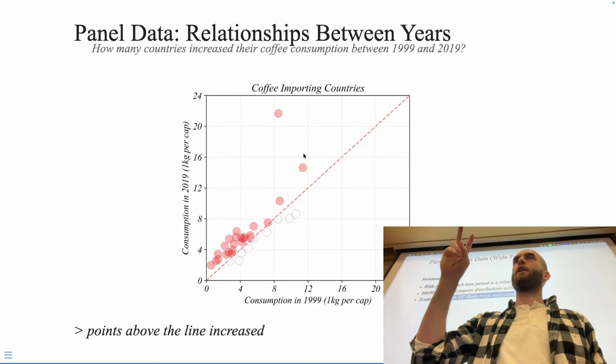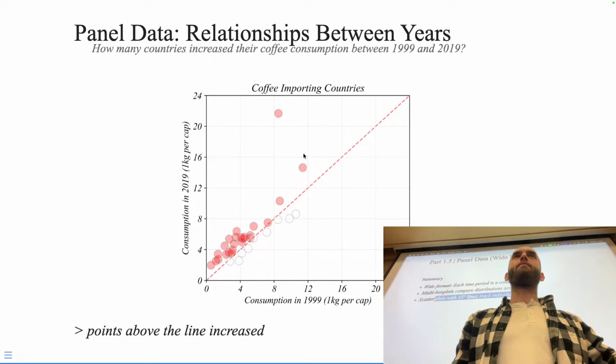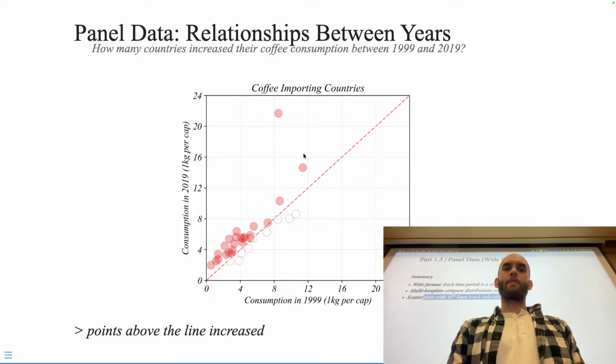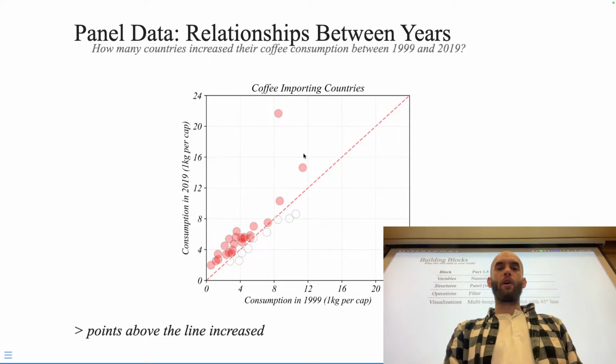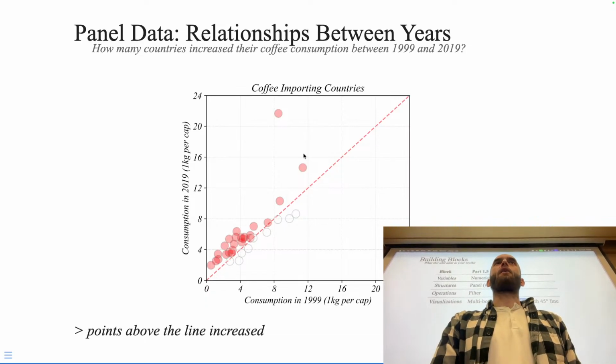Very simple, very clear. Not fancy. These are all good things. And then we did a little bit of filtering at the very end. So this is the building blocks of what we're doing in part 1.5. We looked at numerical variables with wide format panel data. We did a bit of filtering, but not much. And then we talked about multi-box plot, and then primarily the scatter plot.